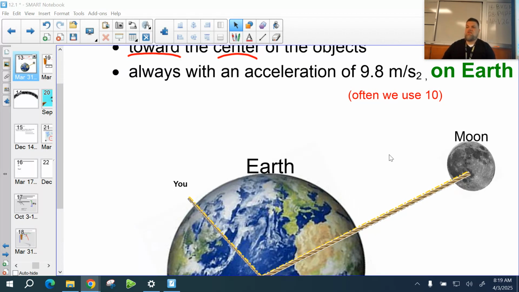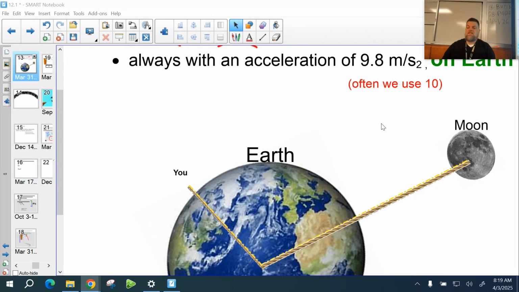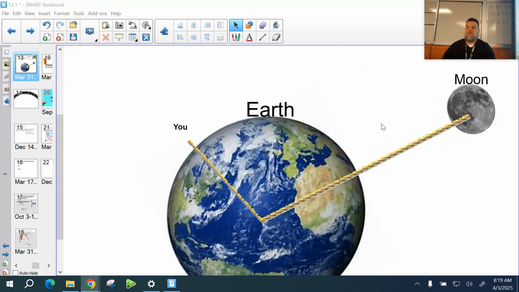Anybody ever been to the ocean and seen high tide, low tide? So a great example of high tide, low tide, and gravity: wherever the moon is with respect to the Earth, it pulls all the water of the Earth towards it. So the moon does have a gravitational pull.